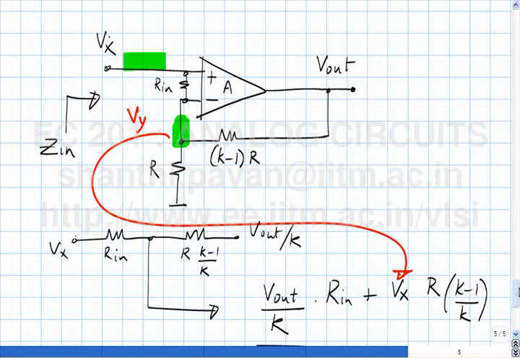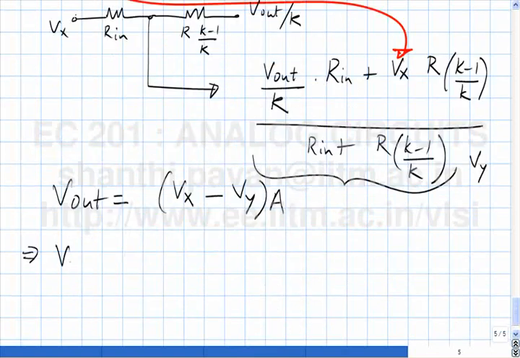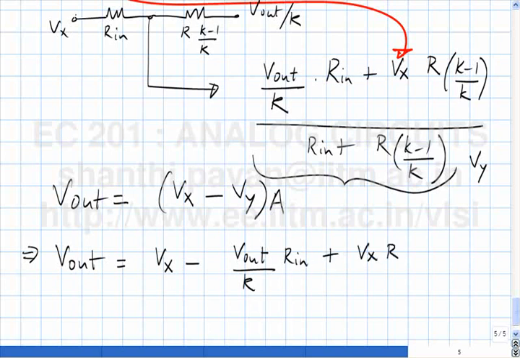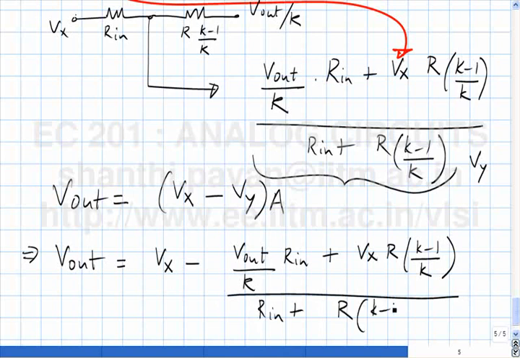We are interested in Vx minus Vy by R. V out is nothing but Vx minus V out by K times Rn plus Vx times R by K minus 1 by K times Rn plus R times K minus 1 by K.